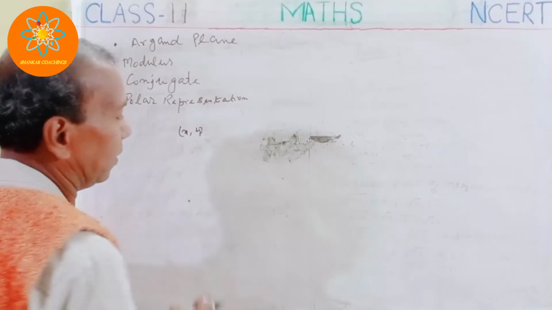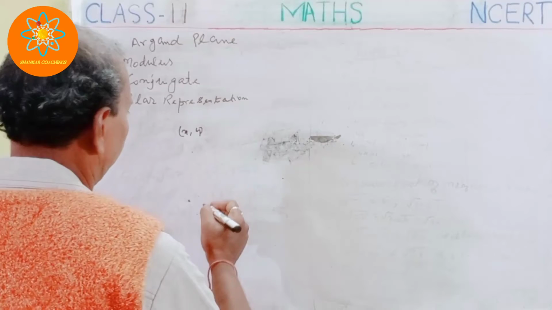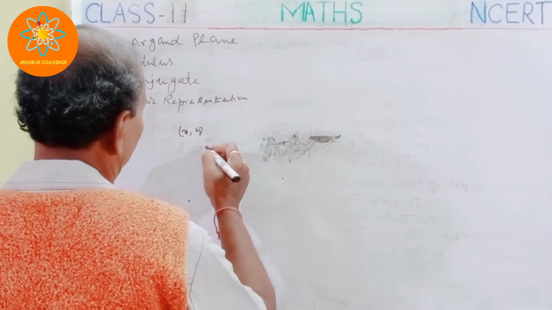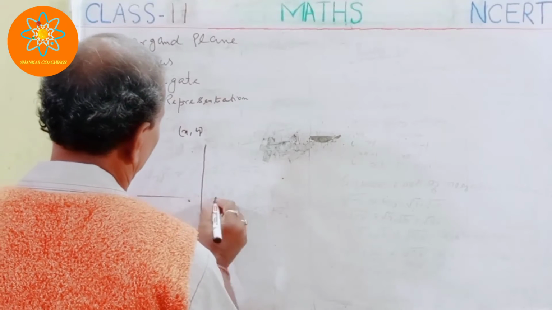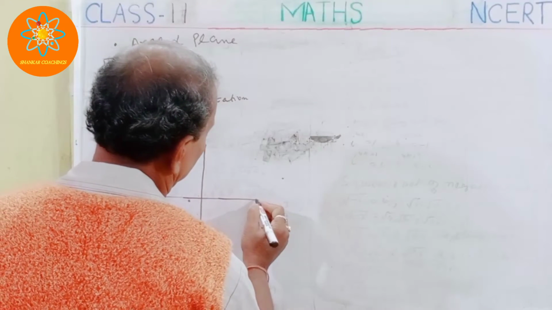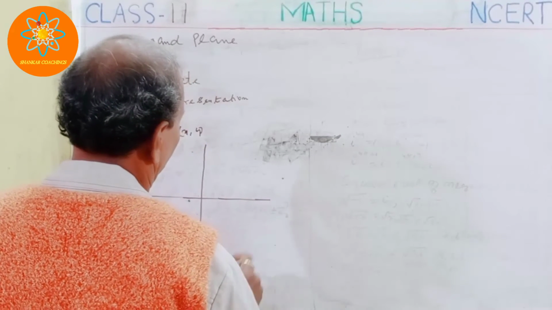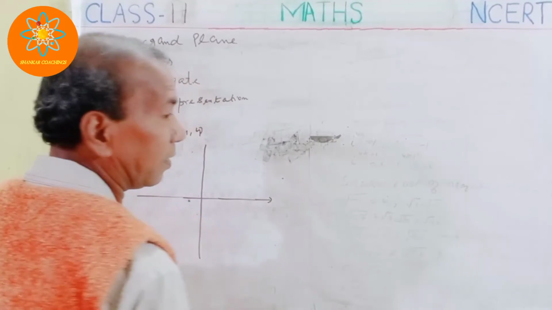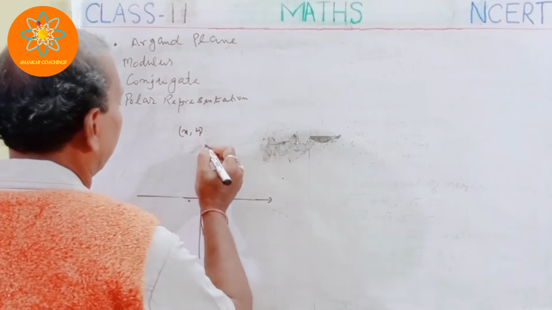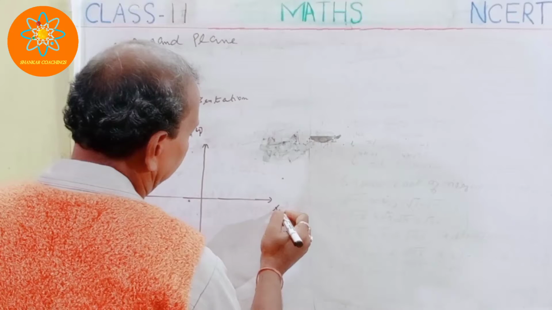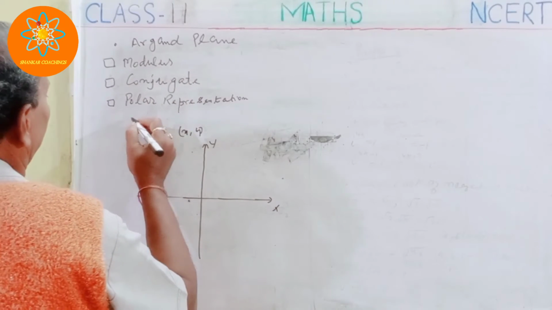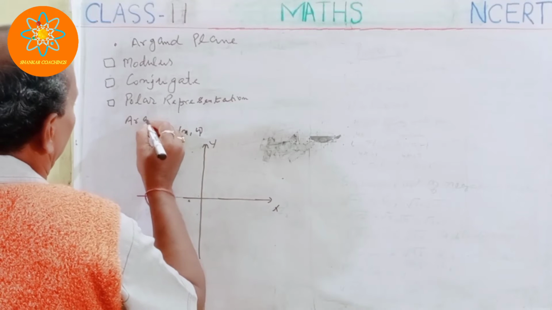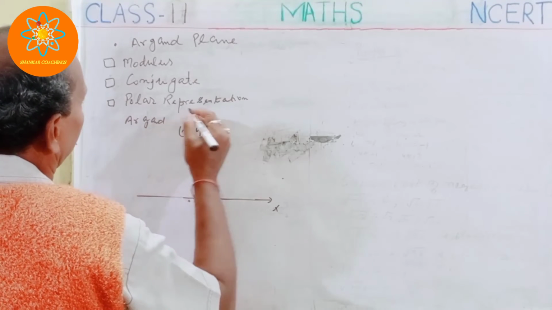So x and y is the ordered pair, and we have mutually perpendicular lines, where the x-axis is the real axis and the y-axis is the imaginary axis. This is the Argand plane.